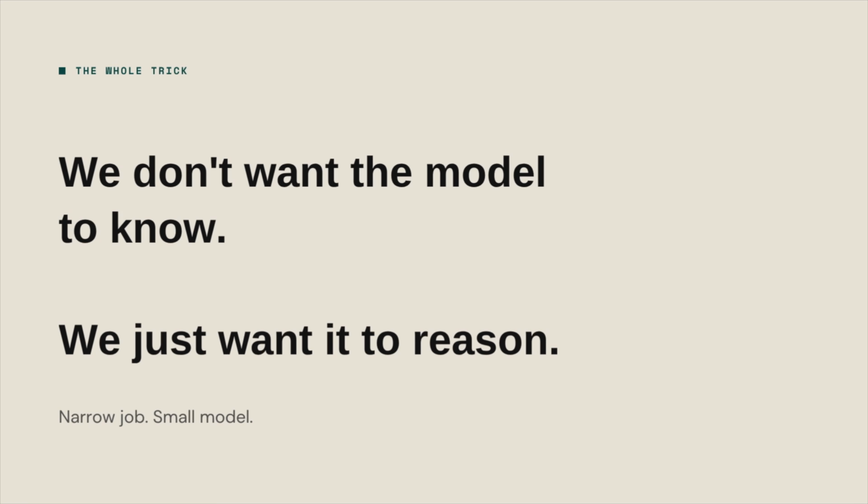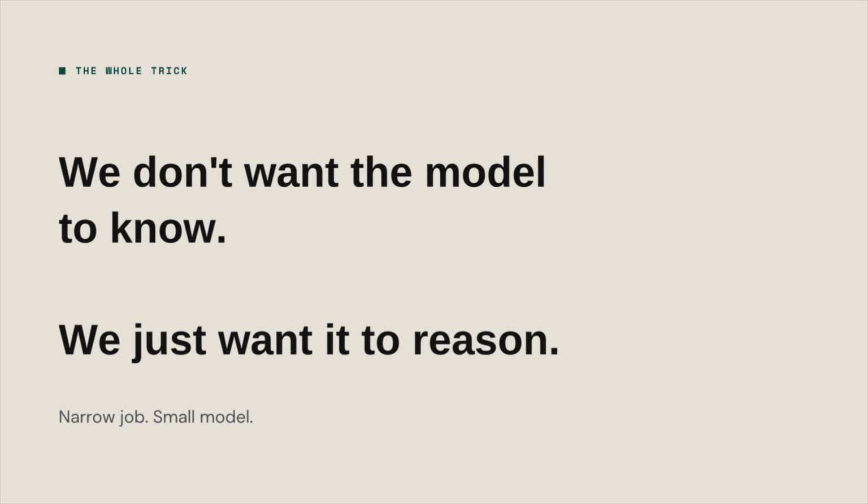There is no retrieval step to get it wrong. Everything that the model needs is right in front of it. And that means we're not really depending on the model's knowledge at all. In fact, we don't want the model to know anything. We just want it to reason, to summarize and explain. We want it to inference over the facts that have already been established to be correct.